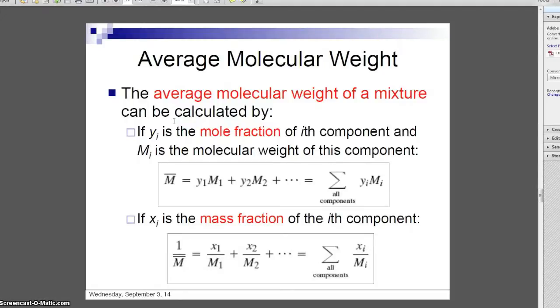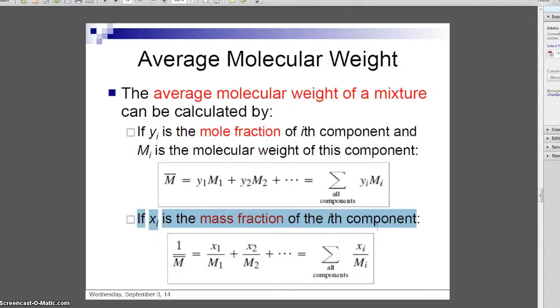There are two ways to calculate it, from the mole fraction and from the mass fraction. If you have the mole fraction of the components in a mixture, you can use the first formula. And if you have a mass fraction, then you can use the second formula.